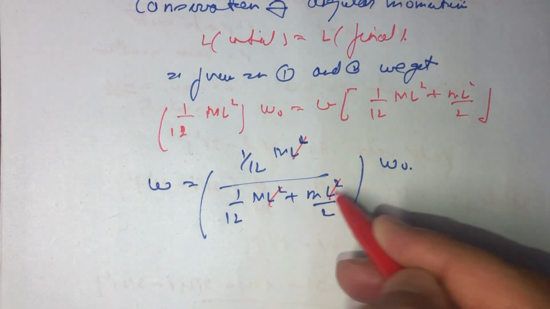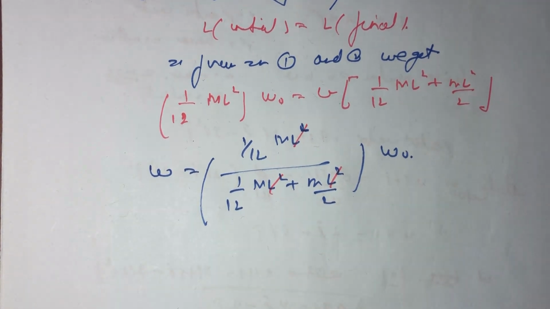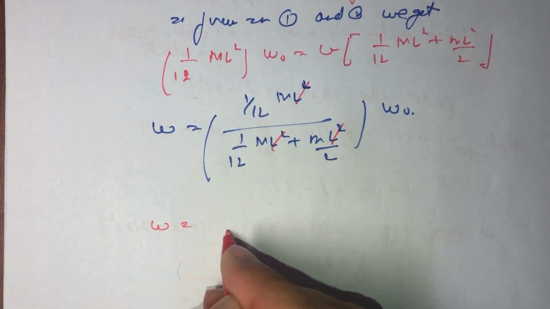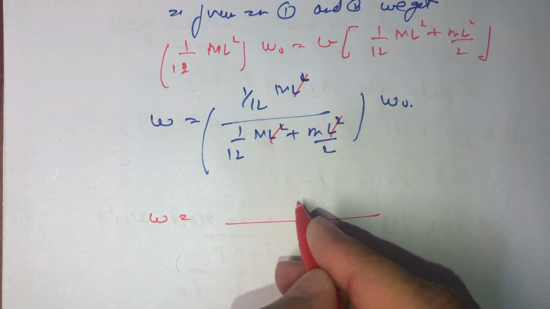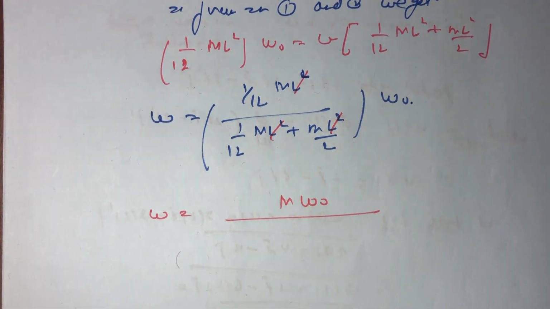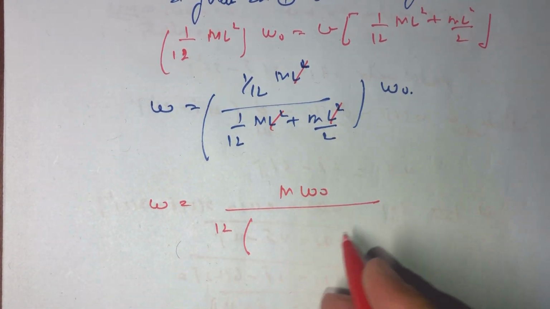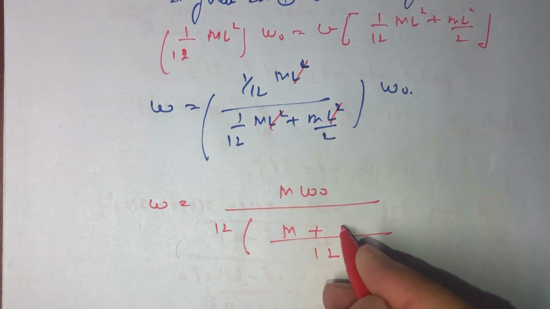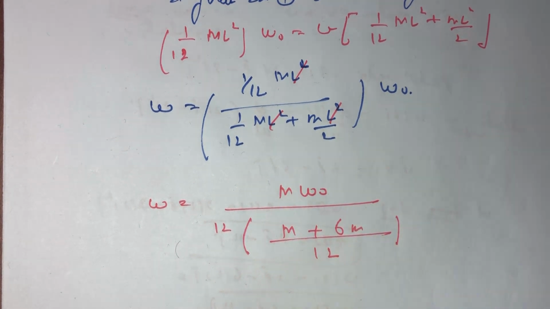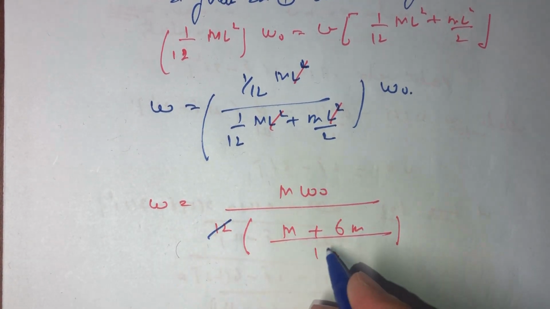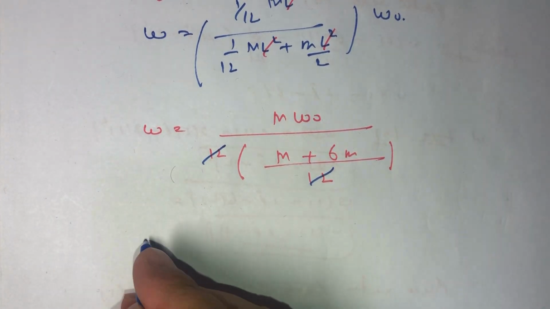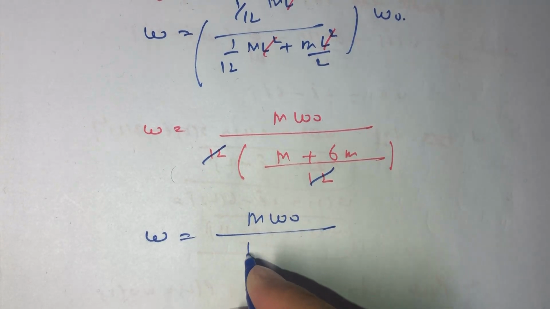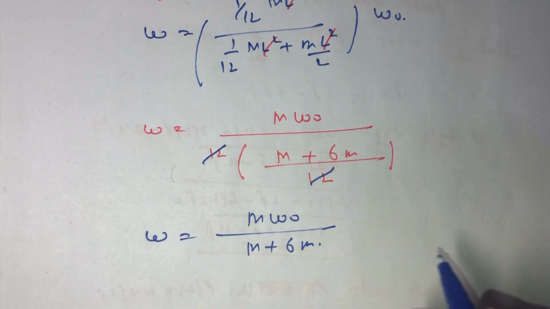L square cancels out, and we take 12 as LCM. We get M plus 6m, and 12 and 12 also cancel out. So we get omega is equal to M omega naught divided by M plus 6 times small m.